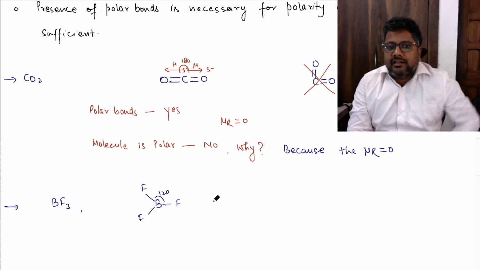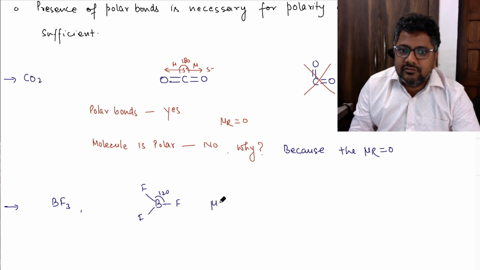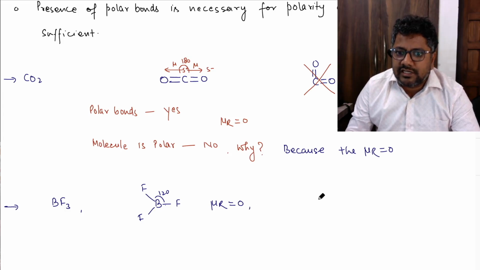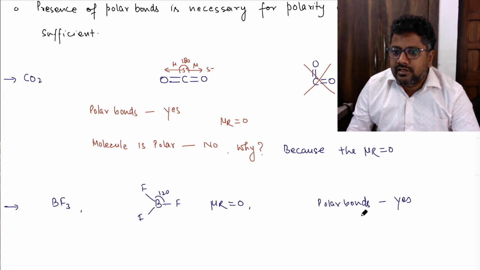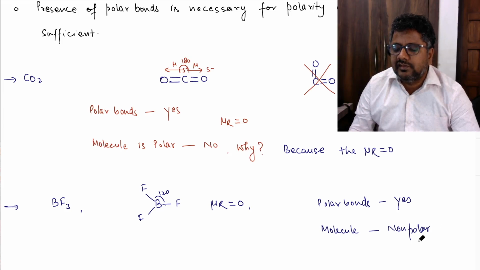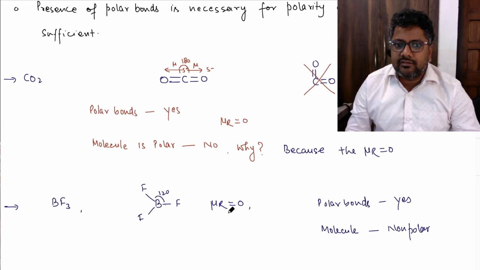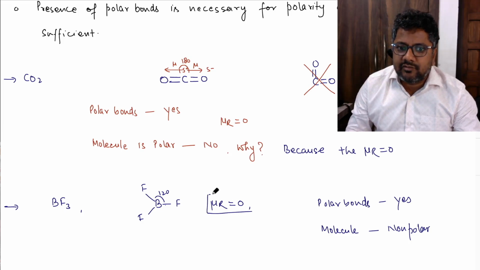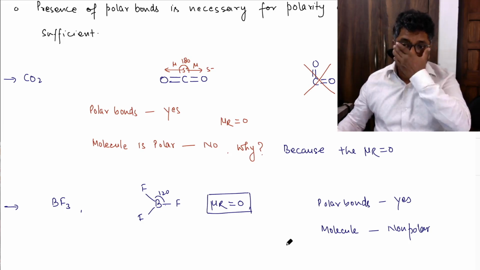So mu resultant is equal to 0. Polar bonds, the answer is yes. Molecule is non-polar. So for molecular polarity, you have to see the resultant dipole moment, right?